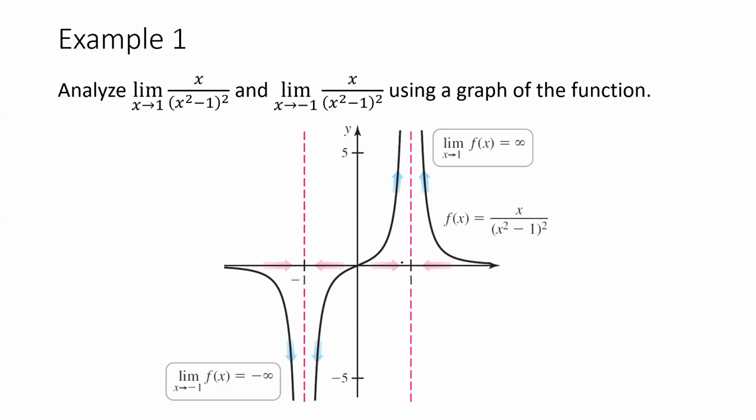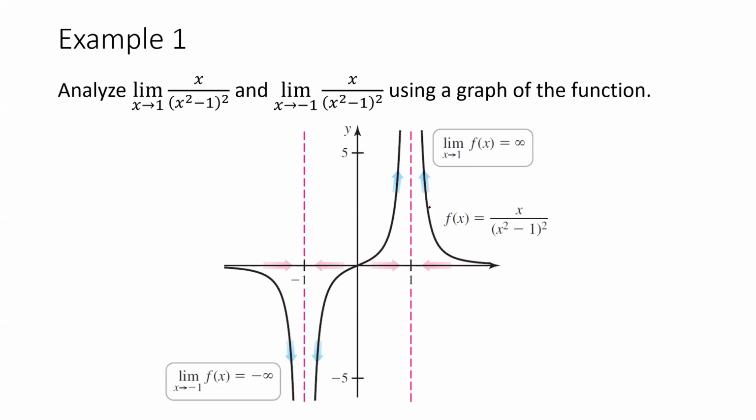If I'm using the graph of the function, it's actually much simpler. You just see that there's a vertical asymptote at x equals 1. So as x approaches 1, it's going to blow up to infinity. Here, as x approaches -1, it's going to blow up to negative infinity.